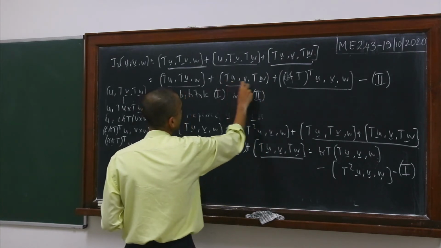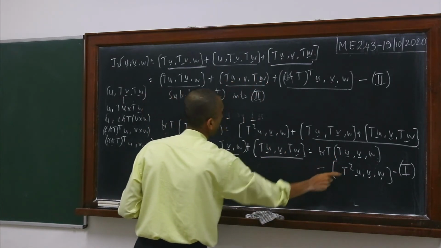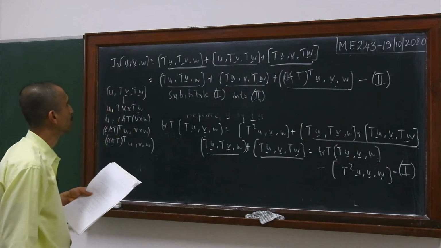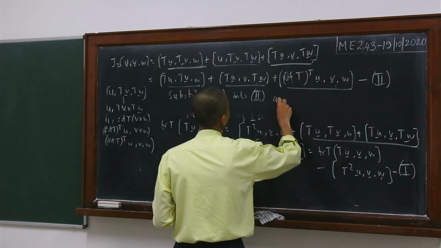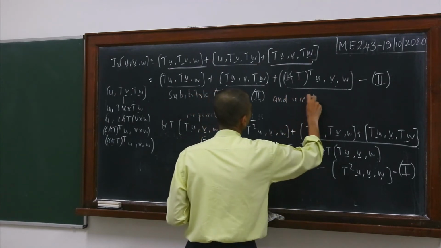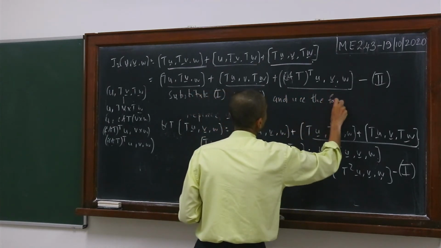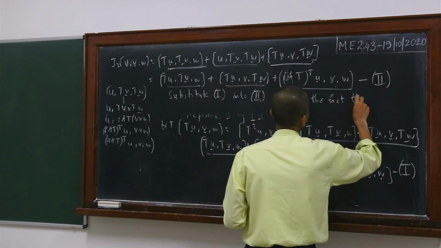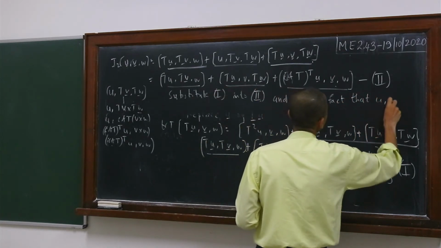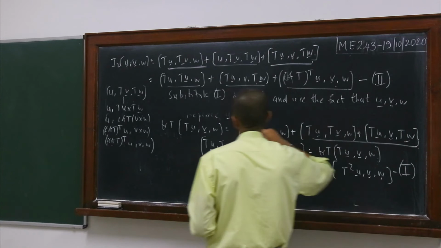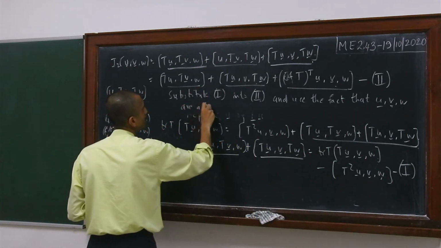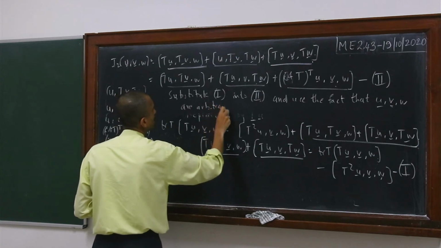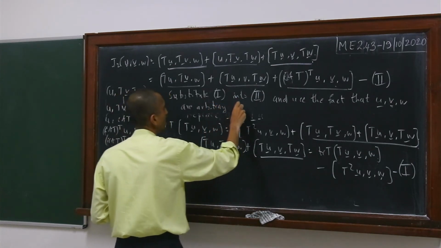So you replace these two terms by this particular expression here. And then use the fact that U, V, W are arbitrary, so choose them to be linearly independent as usual.